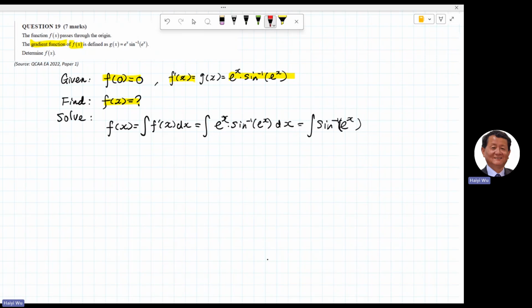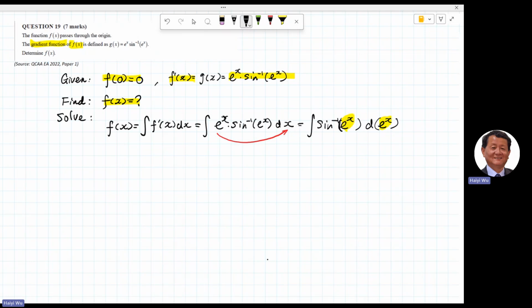What I'll do is integrate this e to the power of x and push it in after the derivative sign. We know the derivative of e to the power of x is the same, e to the power of x, so it's unchanged. So look at this e to the power of x, e to the power of x.